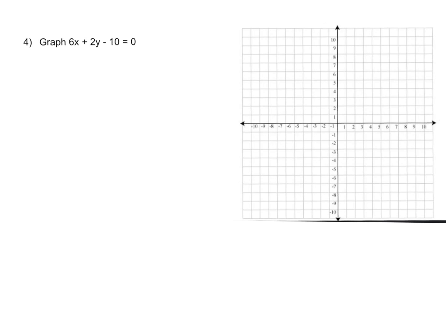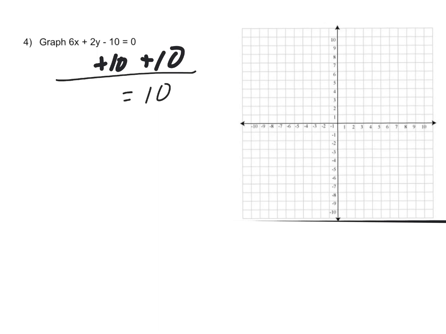We've got -10 and 6x over with my 2y, so I'm going to start by just getting y by itself. So the first thing I'll do is add 10 and add 10. I'm just going to change my pen type to make it a little bit more narrow.